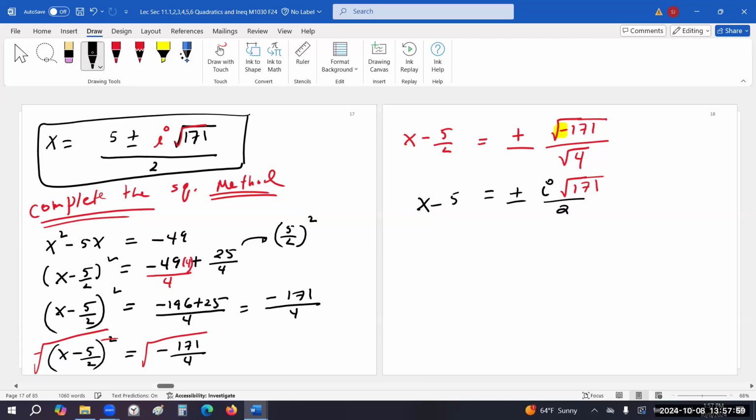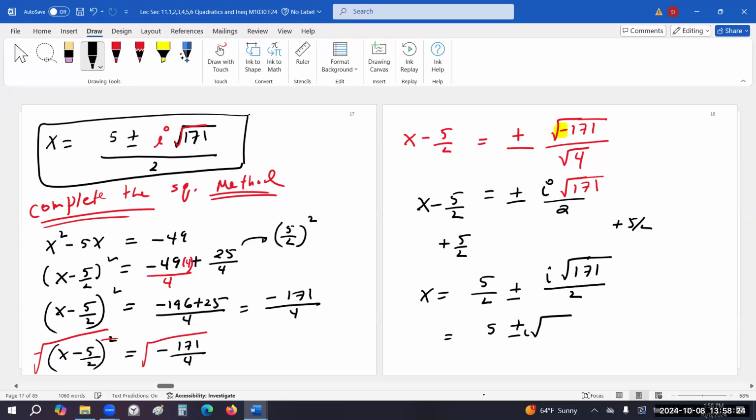But we still have this on the other side. The last thing we do is add this amount. So x is 5 over 2 plus or minus i square root of 171 over 2, which is the same as what we have on the left page: 5 plus or minus i square root of 171 over 2.